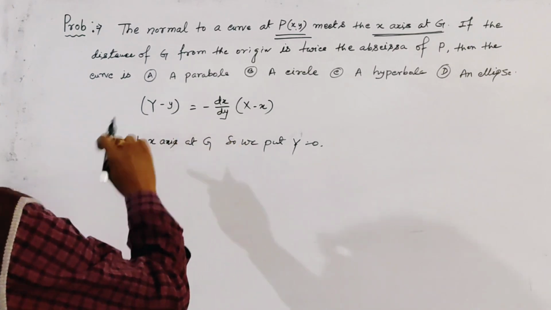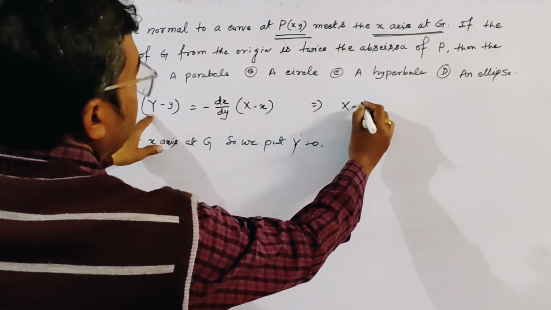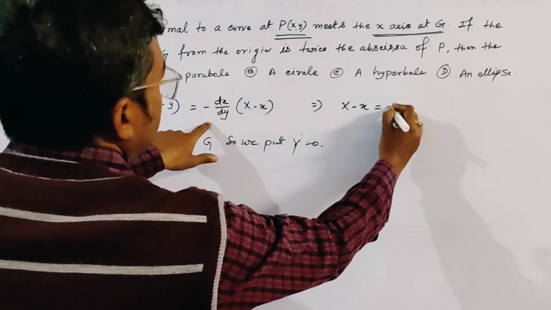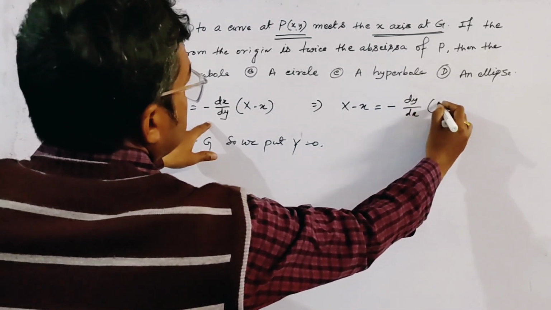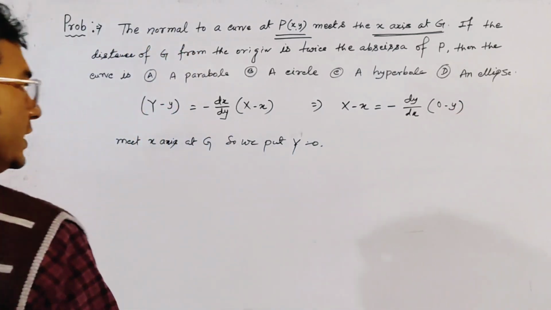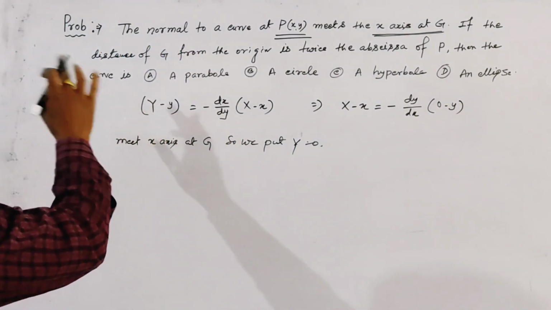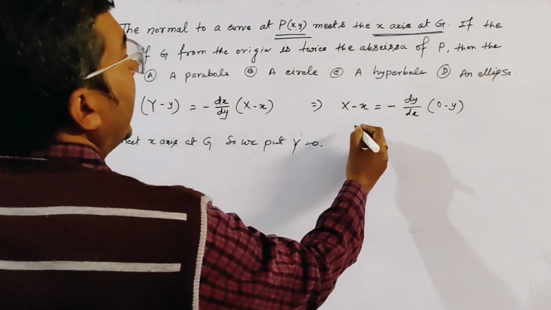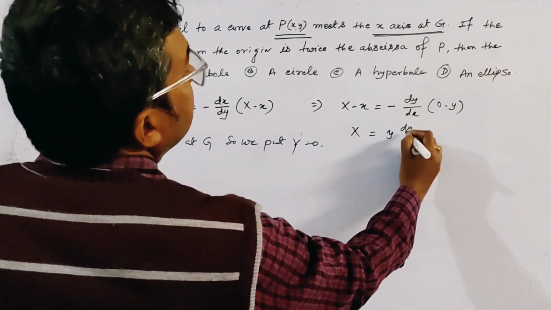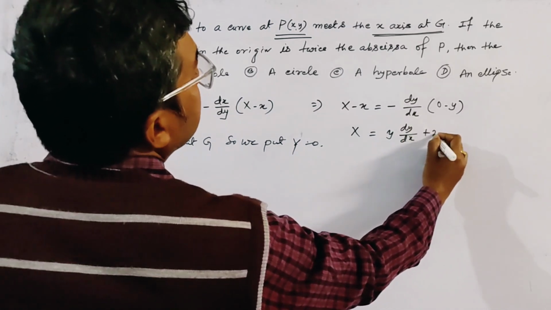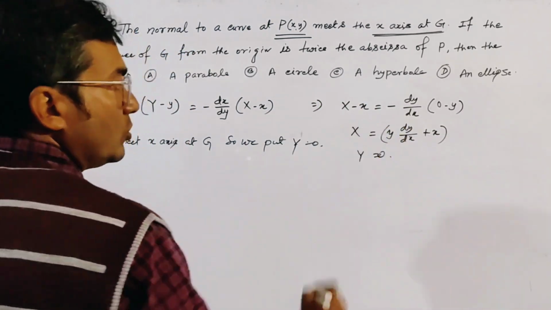So we put Y equal to 0 here and get X minus x equals minus dx/dy into 0 minus y. By putting Y equal to 0 and writing dy/dx on the left side, this gives X equal to y dy/dx plus x. And clearly Y is equal to 0.